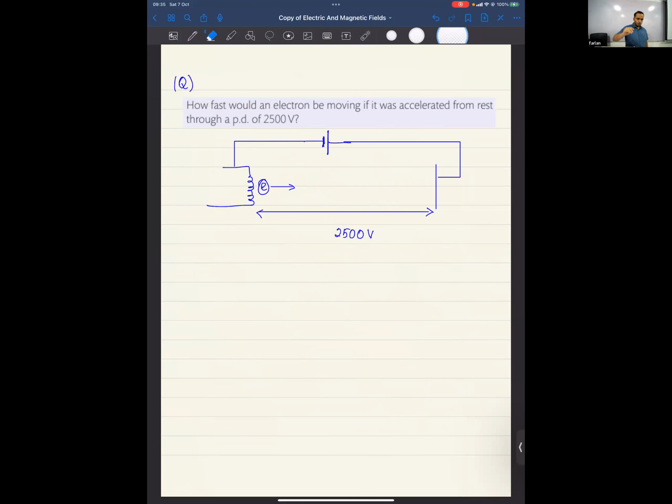How fast would an electron be moving if it was accelerated from rest through a potential difference of 2500 volts?